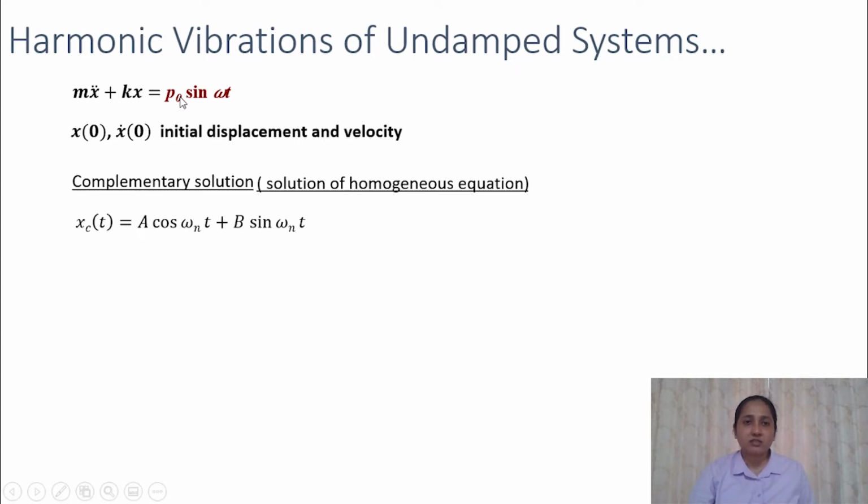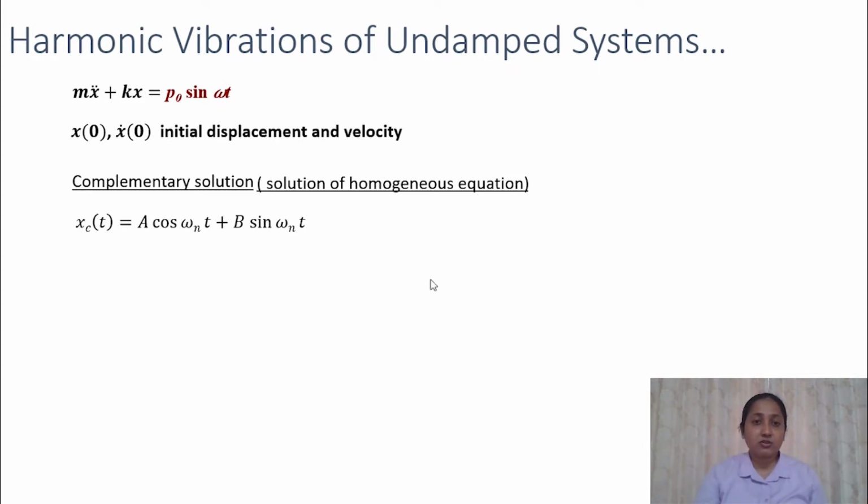So in undamped free vibration, we have seen that the solution is of the form A cos omega nt plus B sin omega nt, where omega n is the natural frequency. So here also the complementary solution will be equal to this.